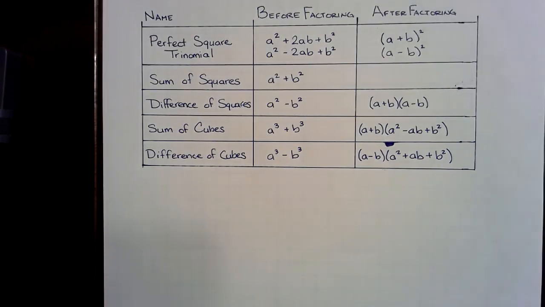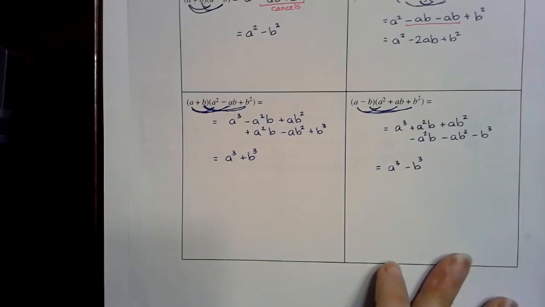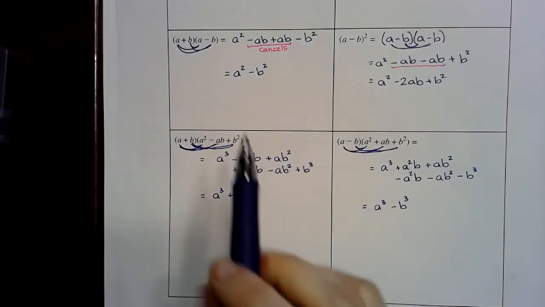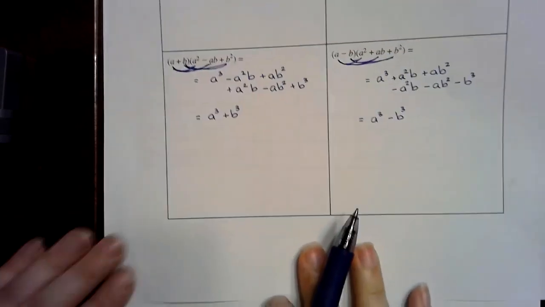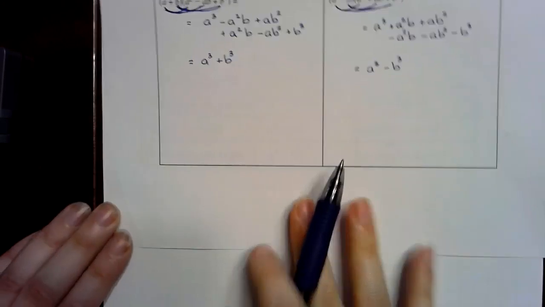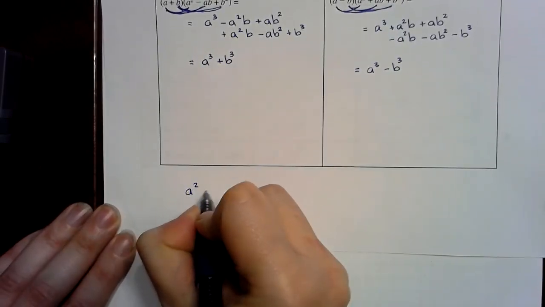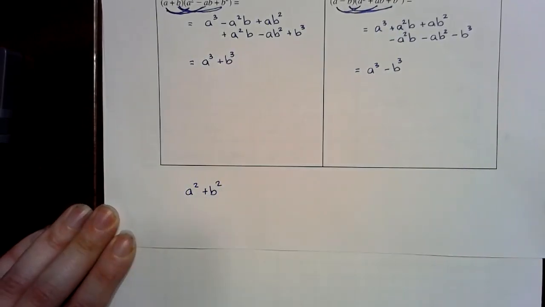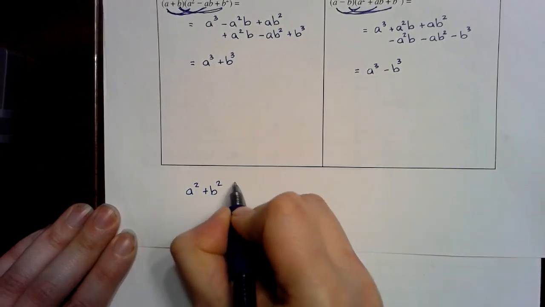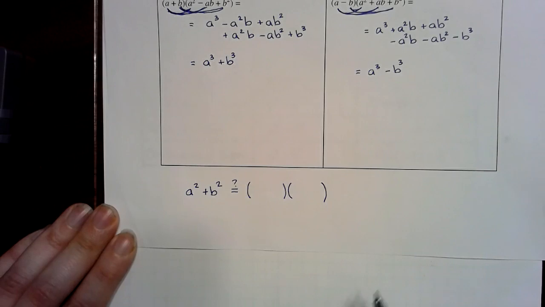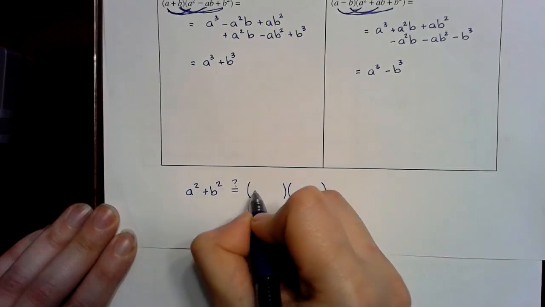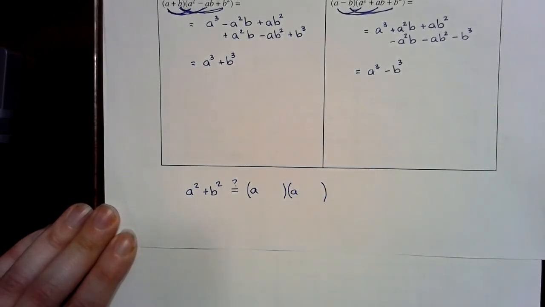Now, what about this sum of squares? I didn't get a sum of squares as any of my answers here. And if I think about, well, what could a squared plus b squared have come from? Well, to get a squared at the beginning, I would have to have an a and an a.